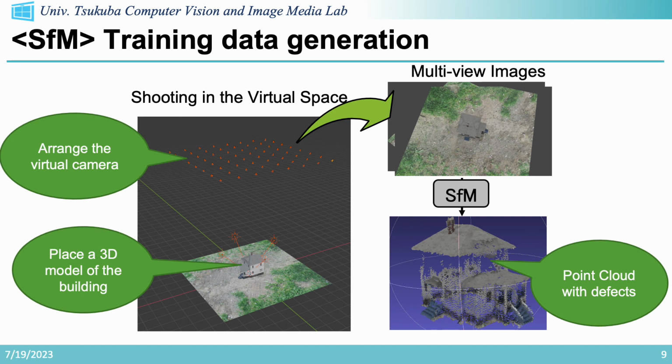By acquiring a rendered image from this virtual camera and applying SFM, missing point cloud is generated, as shown in the lower right figure. We can see there are some missing part under the eaves, like here.